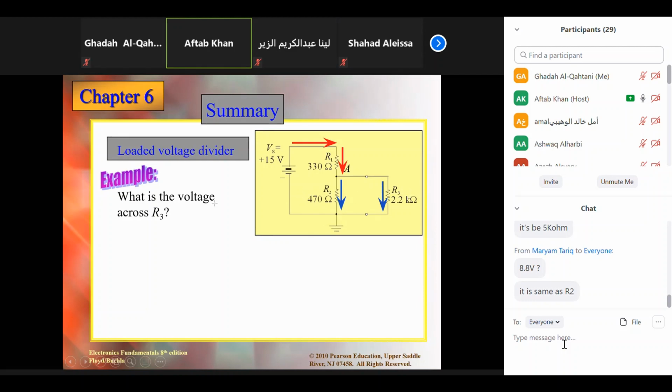Or the way you did on the last slide, which is maybe simpler: just calculate the R2-3 combination and then simplify it. So what about the others? Mariam calculated 8.8 volts with a question mark, meaning not sure.